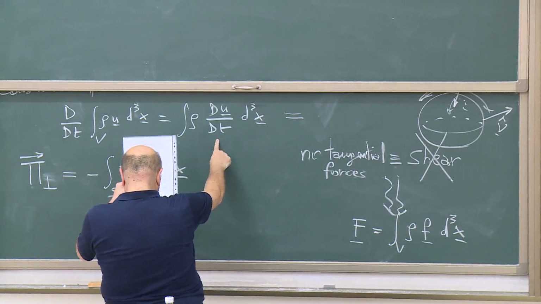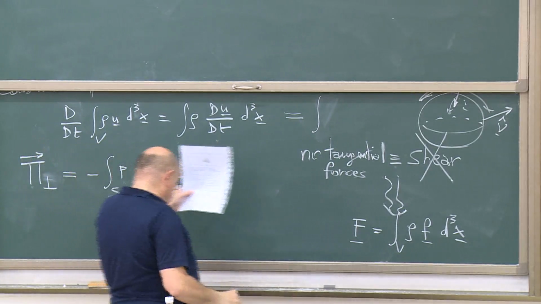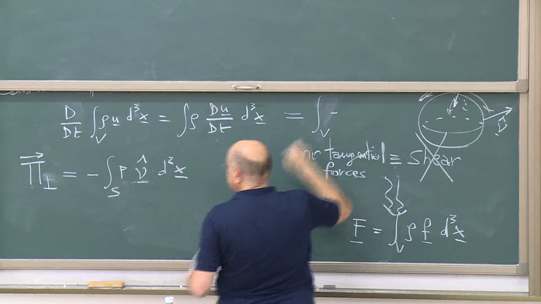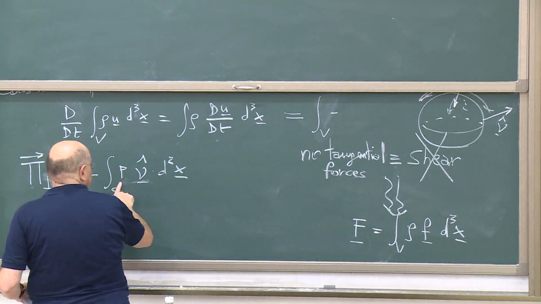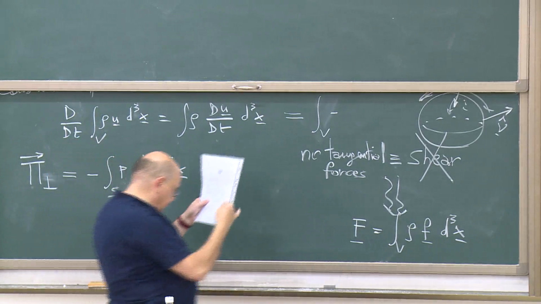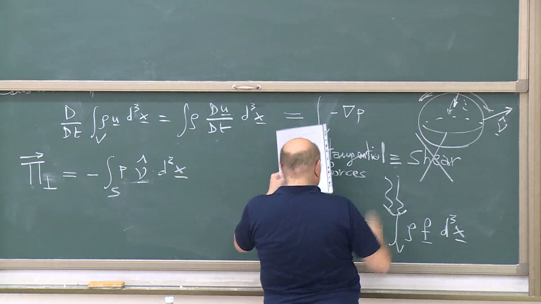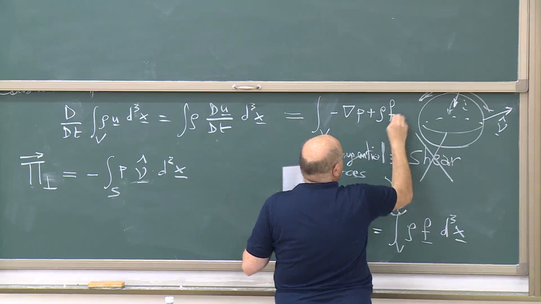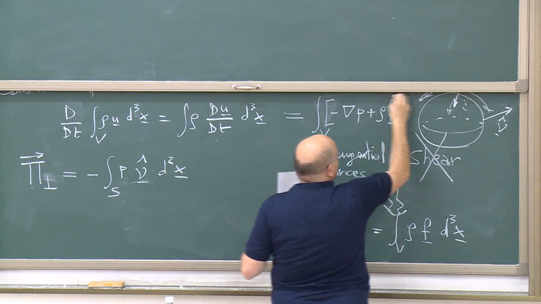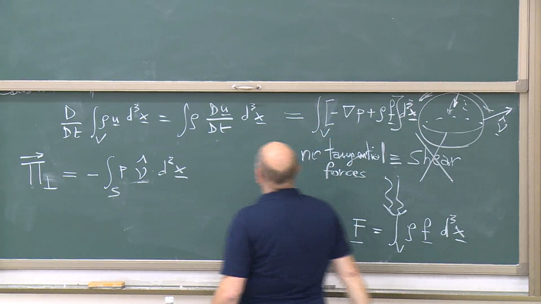I have this, and I can convert the surface to the volume as usual. So I will put all my forces there, and in going from the surface to the volume, there is again a divergence theorem to apply. So I will write this as minus grad p plus rho f, this little f associated with a force that has a potential, and this is d3x.